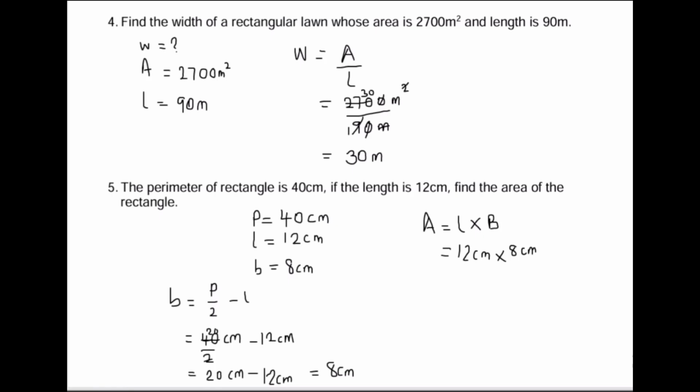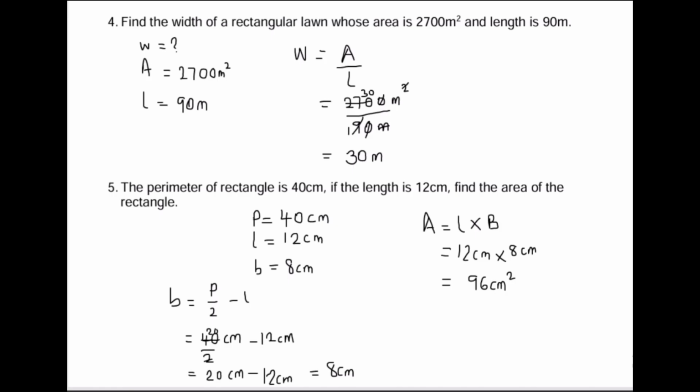So that's 12 times 8. That will give us 96 centimeter squared. Don't forget, centimeter times centimeter will give us centimeter squared.